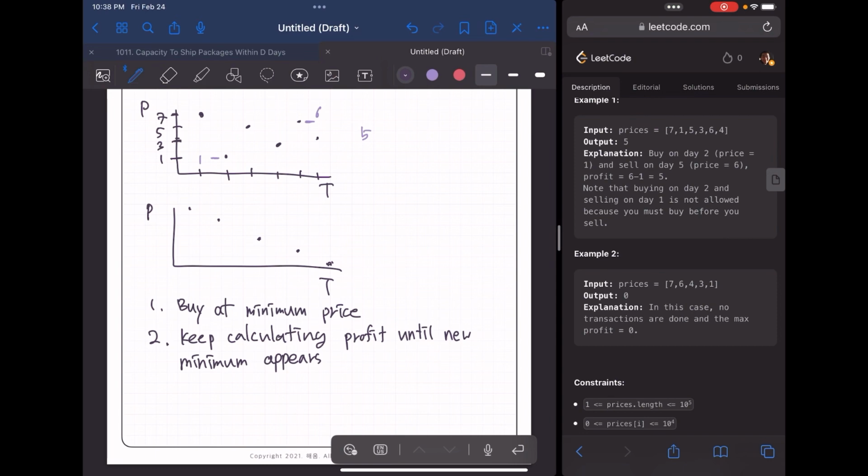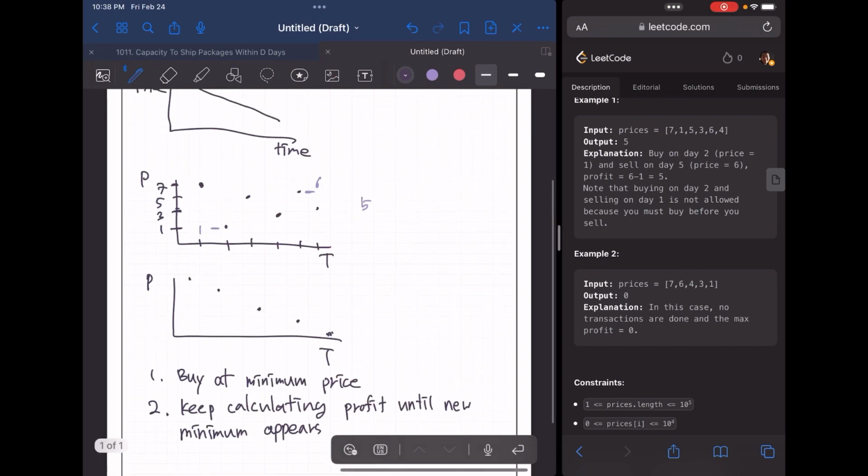The reason being, let's say in this example this was 3, 7, and then we have a bunch of different price points here that were above 3, but then all of a sudden we get 1.